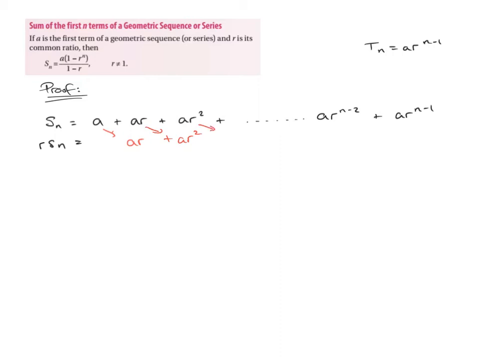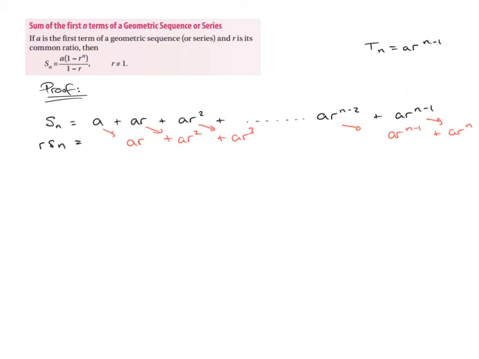This one here is going to shift across to become ar cubed. Hopefully you'll see that this one's going to shift across. Instead of ar to the n minus 2, it's going to be ar to the n minus 1. That means that this one here is going to shift across to be ar to the n, because if we do n minus 1 plus 1, the minus 1 and the plus 1 cancel.